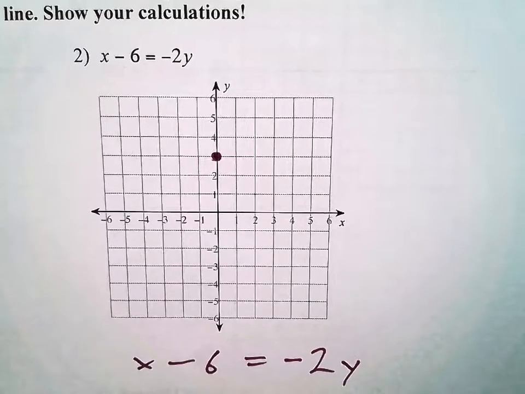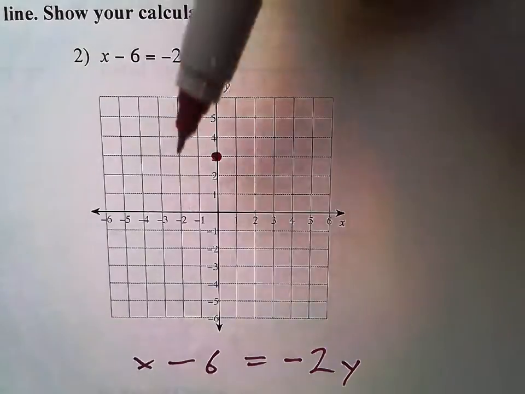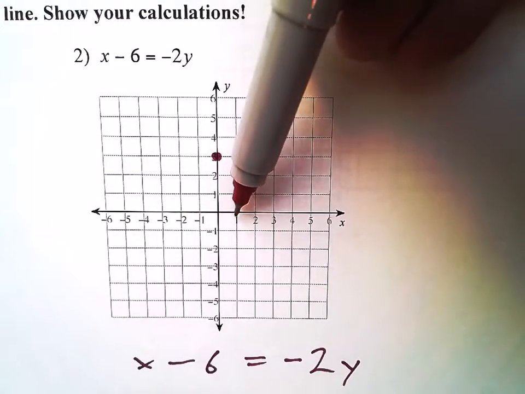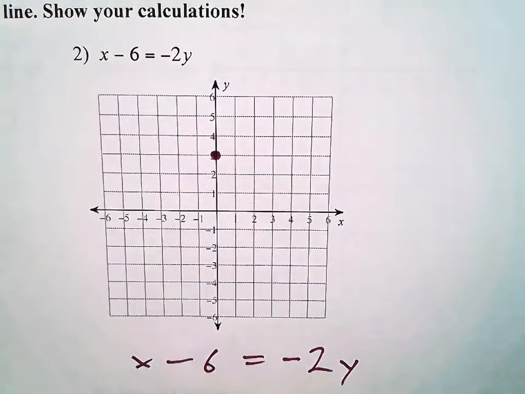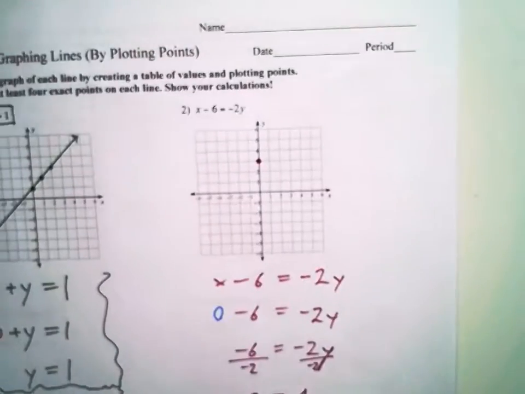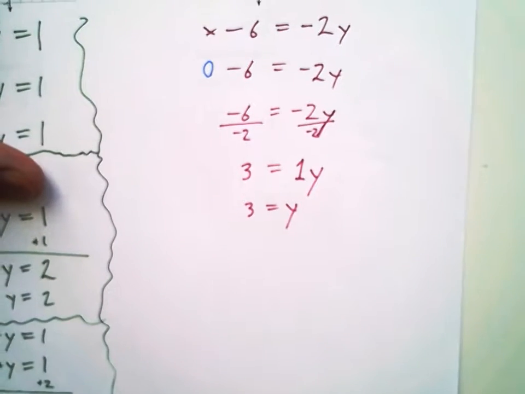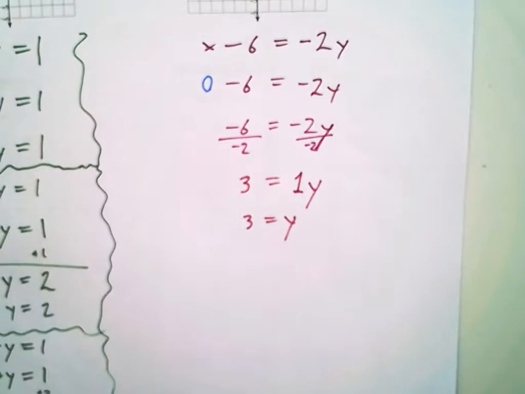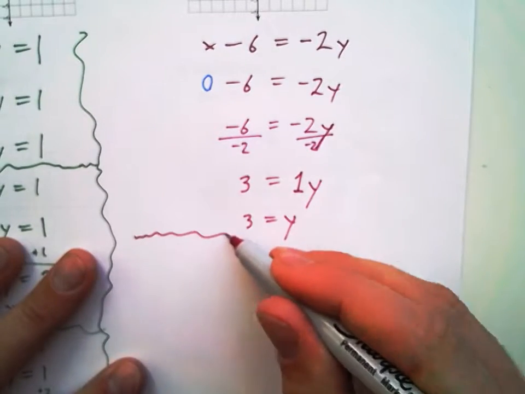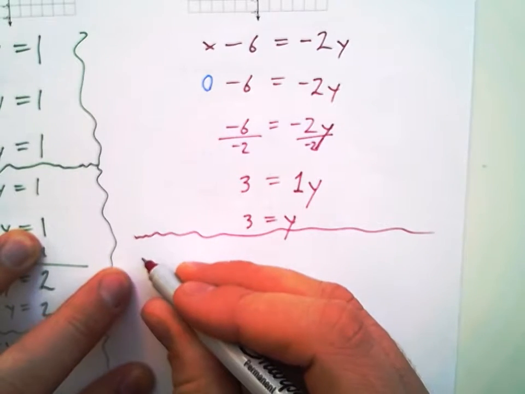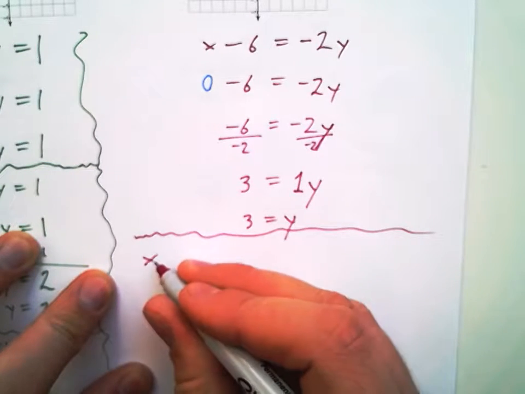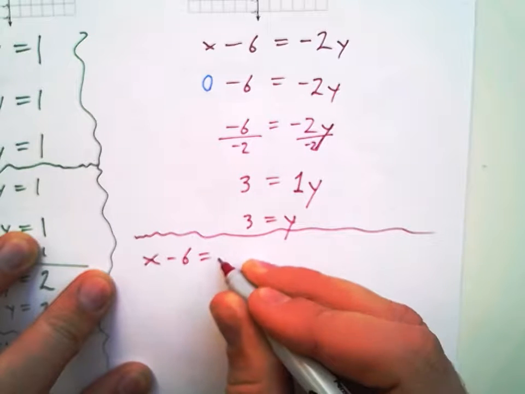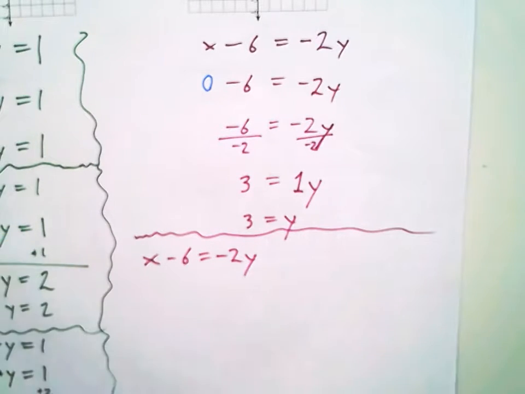Okay. Now we're going to take that same equation and put in what if x equals 1. I'm going to start over. x minus 6 equals negative 2y.